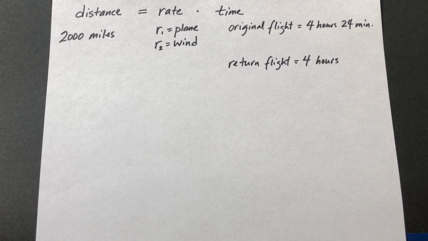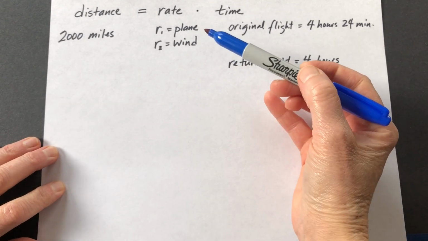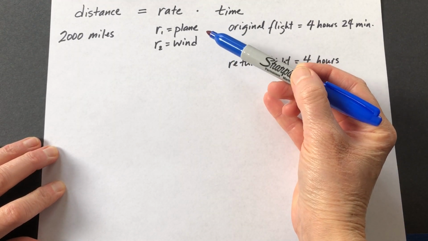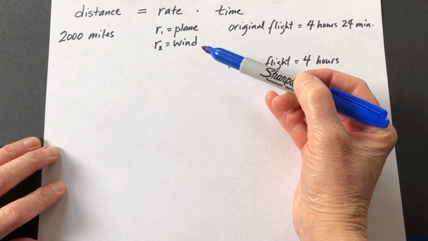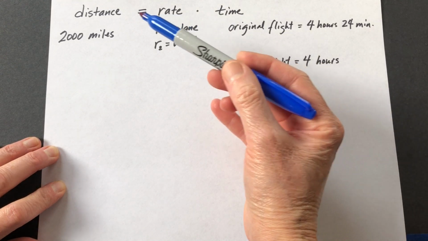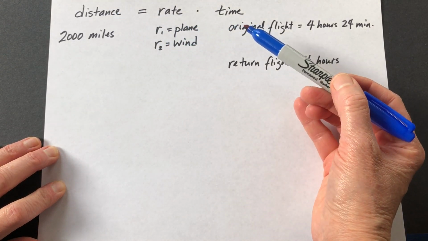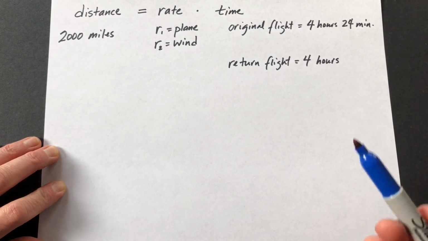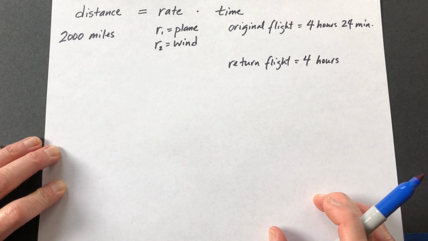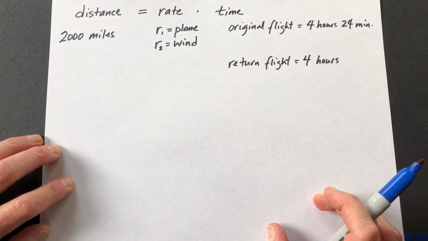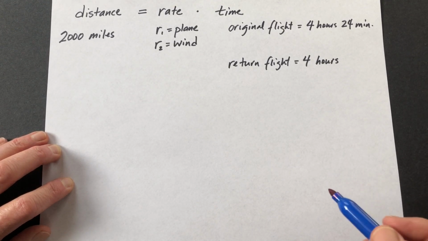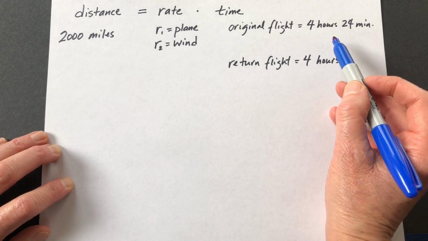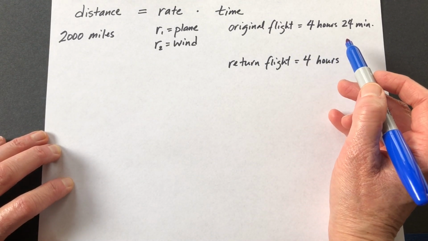So as always, in an application problem, we want to clearly define our variables. And this problem is one of our classic distance equals rate times time problems. So let's do a little simplifying before we start writing equations. I'm looking at this time here, 4 hours, 24 minutes.